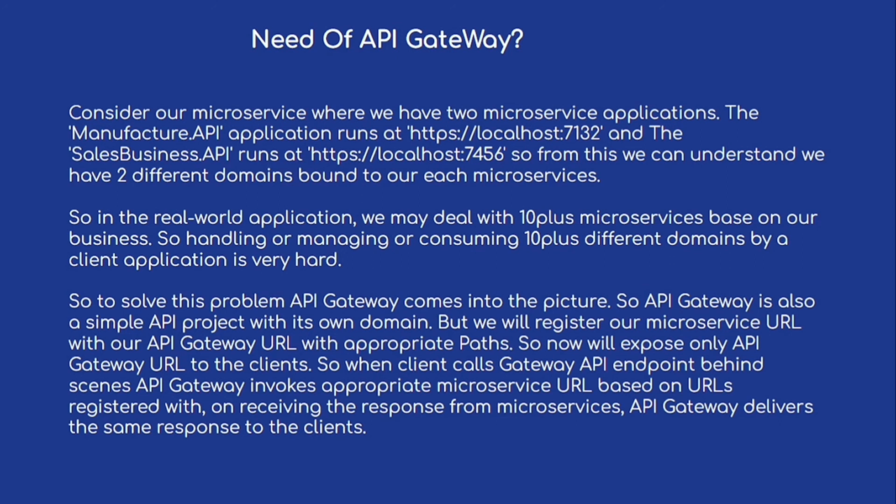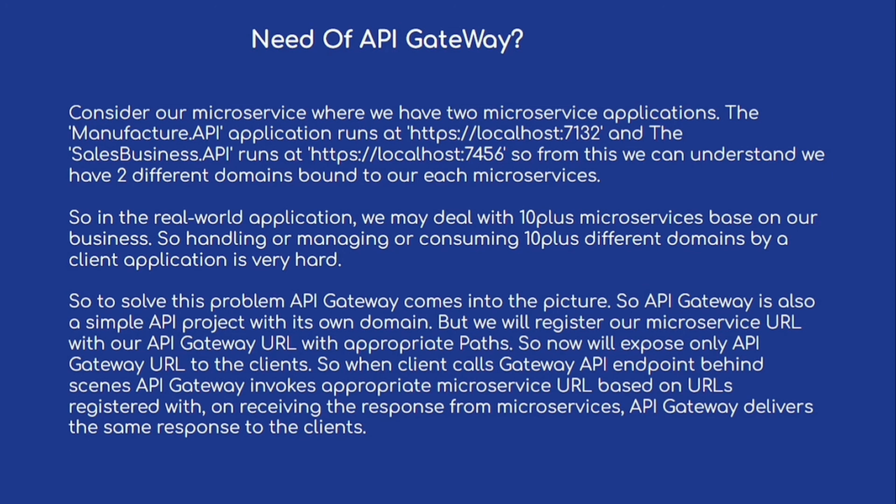But we will register all our microservice URLs with our API Gateway URL, with appropriate paths. So now we will expose only the API Gateway URL to the client. When the client calls the API Gateway endpoint, the client only requests the API Gateway endpoint.